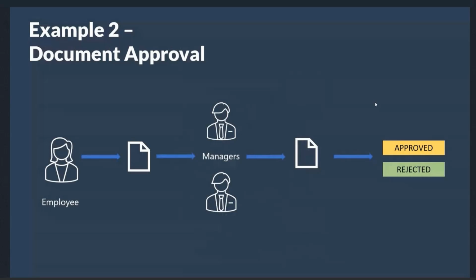So this document approval process, again, is something that could be automated using Power Automate. Even something very basic, like maybe you want to post a tweet every time you upload a new video to your YouTube channel. That's something that I do fairly frequently. I upload videos and then I have to manually go to Twitter and say, new video, check it out, post the link. I can automate that entire process as well.